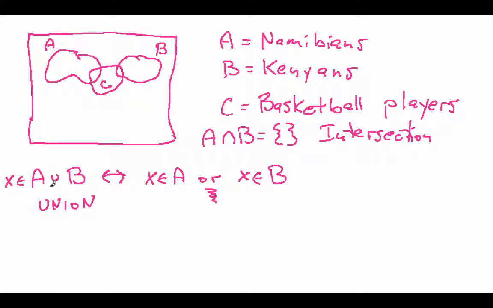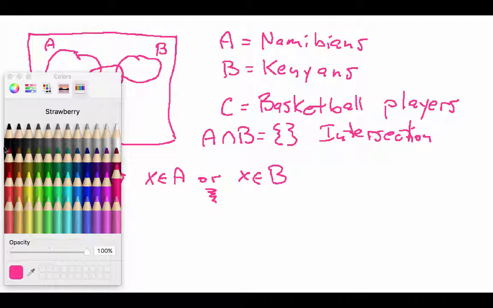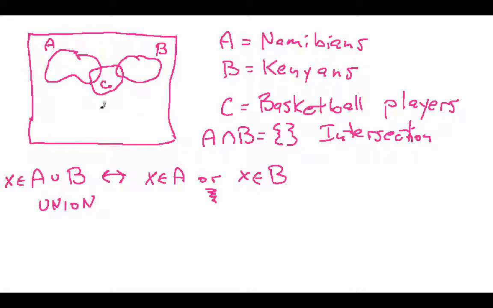If I wanted to draw a picture of what A union B looked like, let's have fun here and pick even a different color. It's either in A or B, so it's going to be anything in here. That's A.